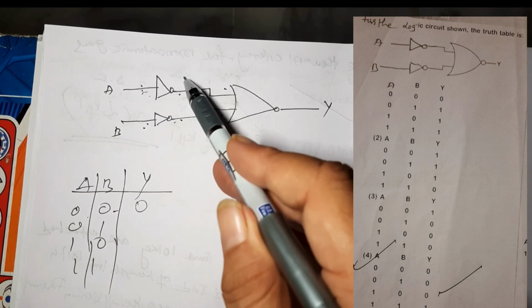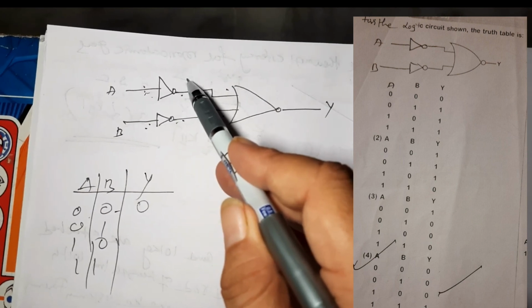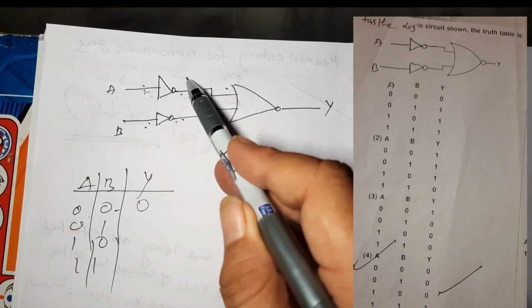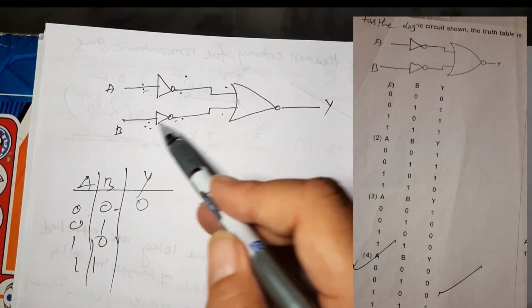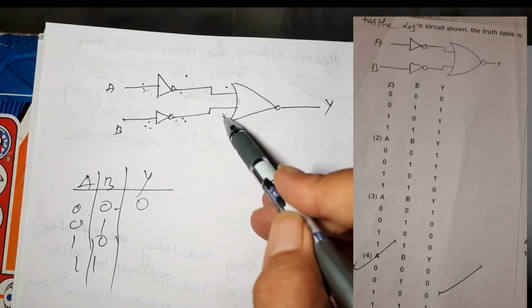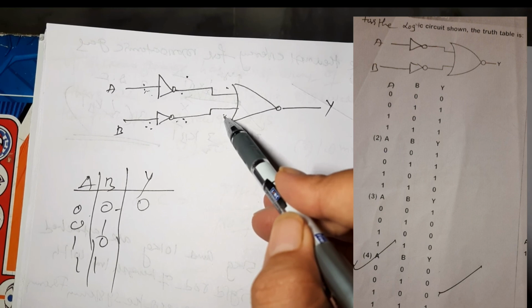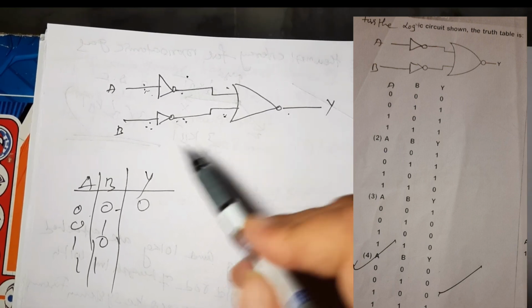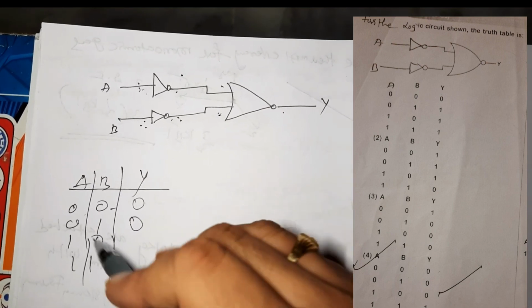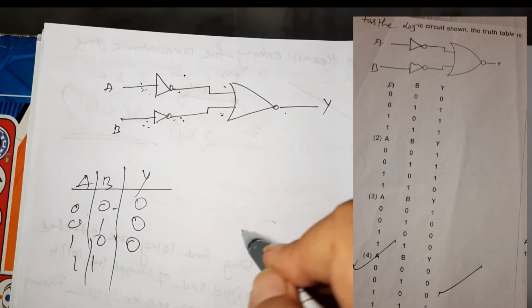This 0 becomes 1, and this 1 becomes 0. 1 plus 0 is 1. The inverse of 1 is 0. So the answer is 0. Similarly, 1 0, the answer is 0.